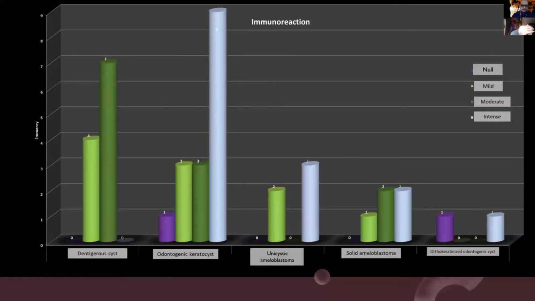Surprisingly, the dentigerous cysts had mild and moderate intensity in all cases. Odontogenic orthokeratinized cyst was lesser, although one of them had an intense reaction. Ameloblastomas, cystic and solid, behaved similarly between them, and odontogenic keratocyst shows the most intense reaction.